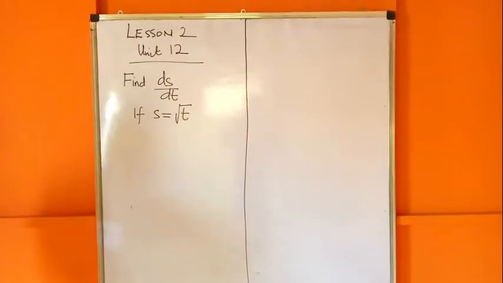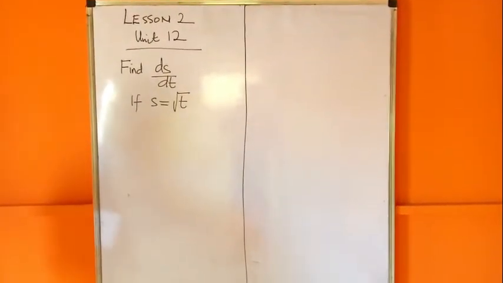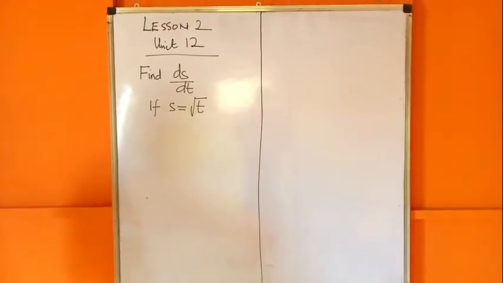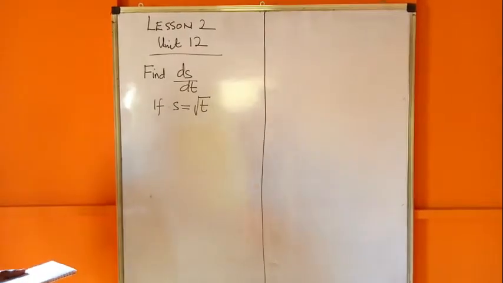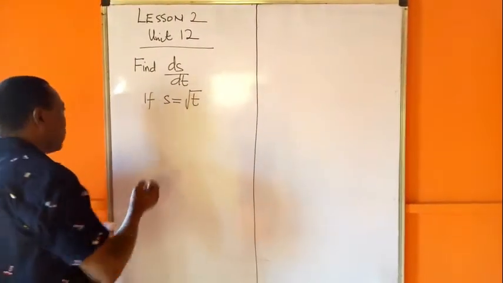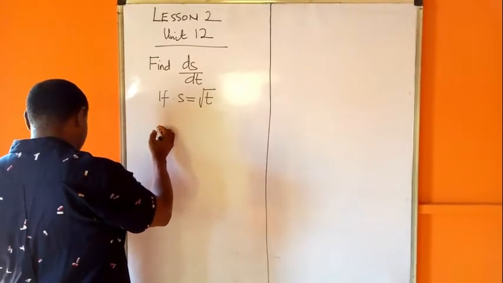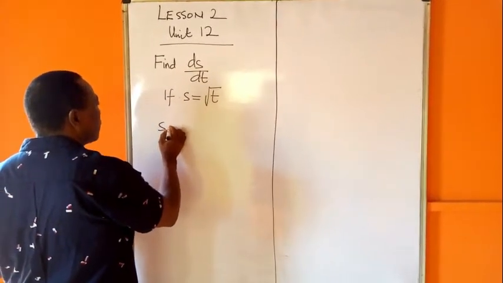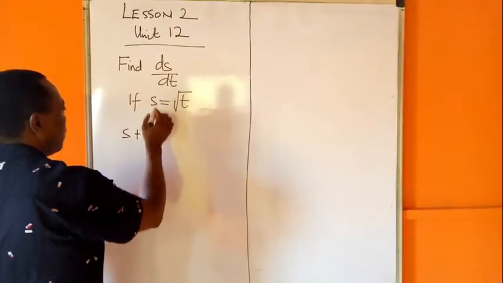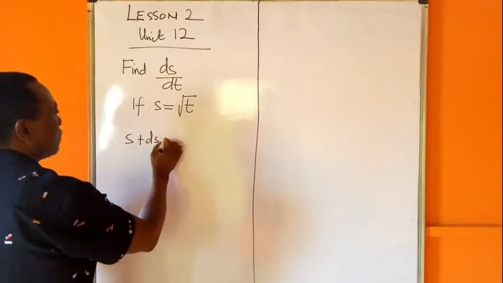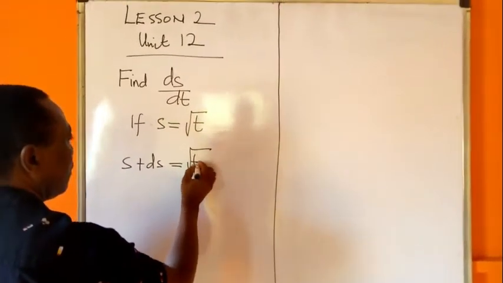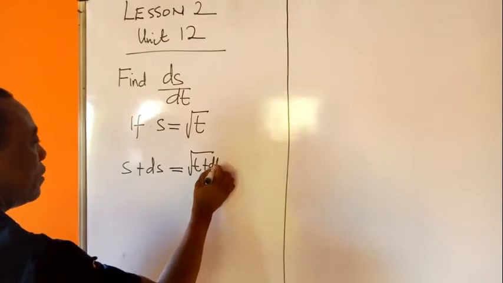We have the exercise. Find ds/dt if s is equal to root t. Now, just apply the principle. x plus δx is equal to t plus dt.